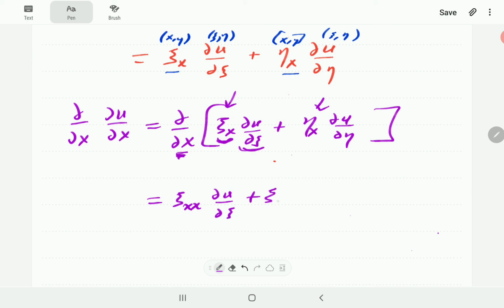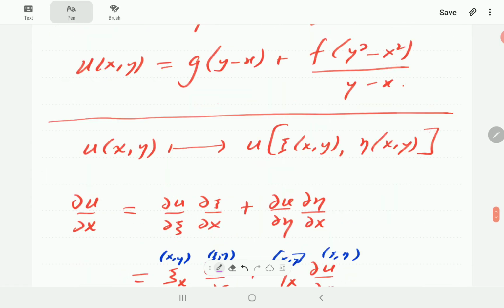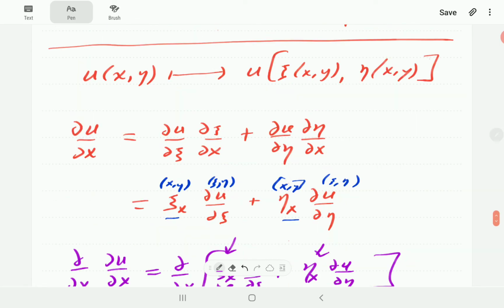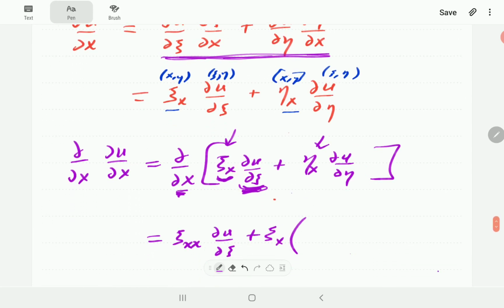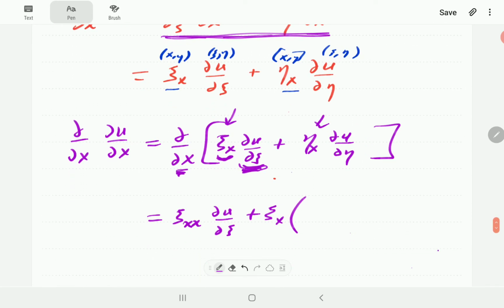Then now we're going to keep this one fixed and differentiate this one. Since this one is a function of xi and eta, we're going to follow the same procedure that we did here, because here we're differentiating u of xi and eta. But this is already a derivative with respect to xi. So if we differentiate first with respect to xi, this is now going to be the second order derivative with respect to xi.